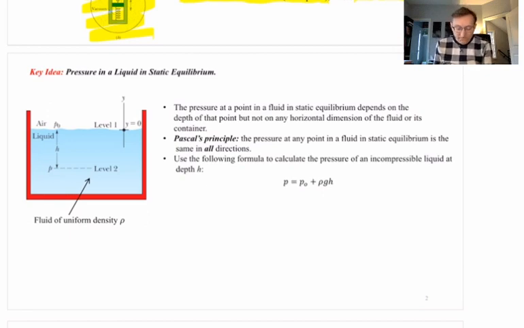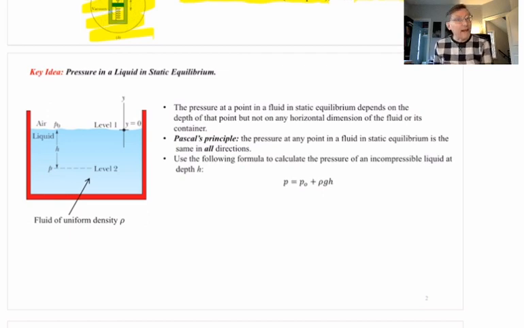So this picture shows some container open at the top to air and pretty much filled with some kind of liquid. The picture is meant to imply water, but it really could be any liquid. And the pressure of the air right at that top surface of the liquid we'll call P0.